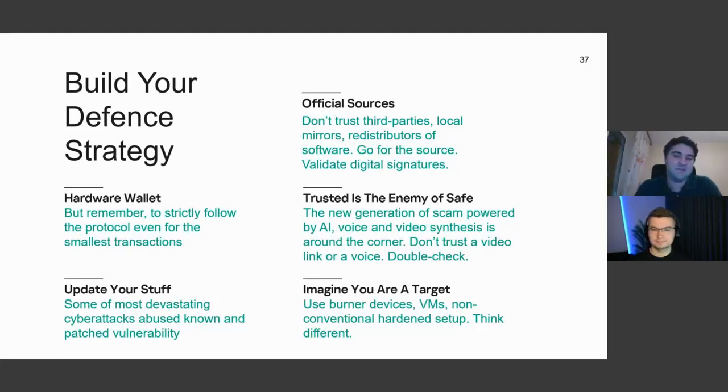So easy, small things that you're doing increase the cost for an attacker to successfully attack you and to steal information, whether it's crypto coins, important documents, or company secrets from your digital devices.